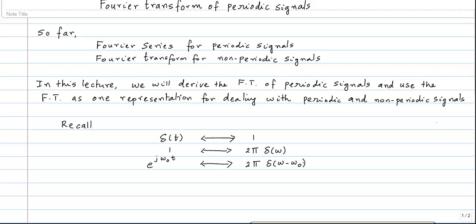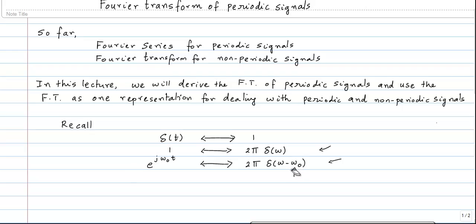Okay. Now this is perhaps the most important result. This can be derived in one of two ways. Either we can start with the previous result and use the fact that multiplication in time by a complex exponential corresponds to a shift in frequency.